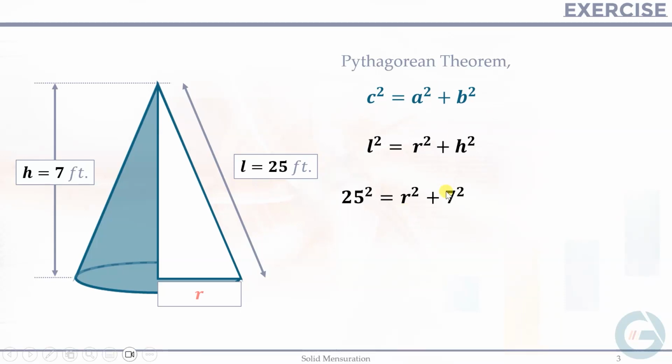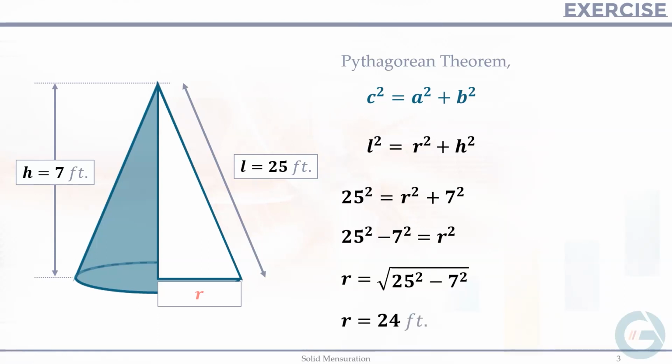Okay, so we can transfer this 7 squared to the left side. So we have 25 squared minus 7 squared equals r squared. So r is the square root of 25 squared minus 7 squared, and this will give us 24 feet. So that is the radius of the cone.